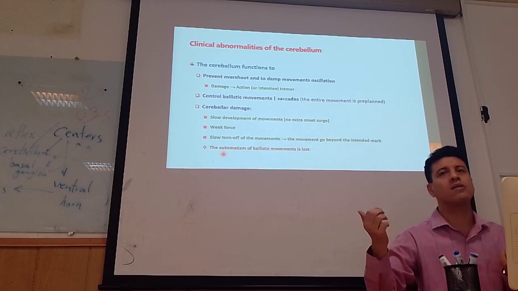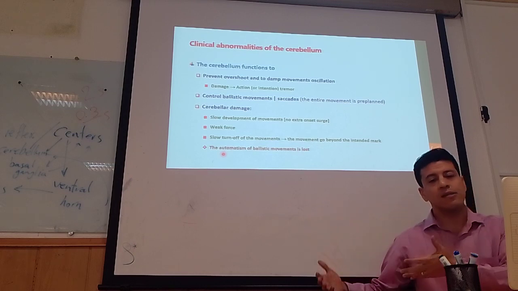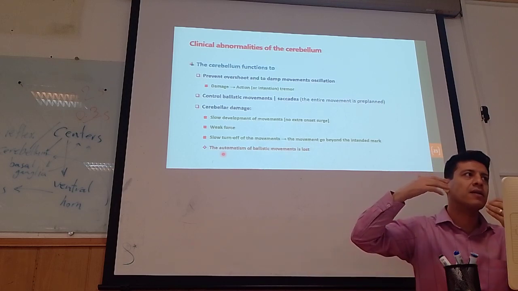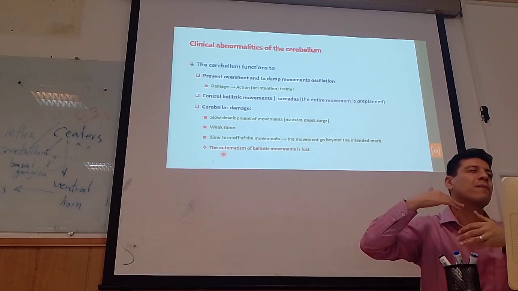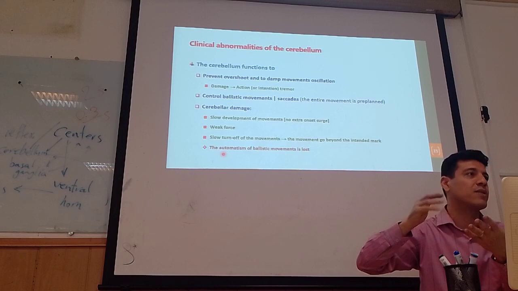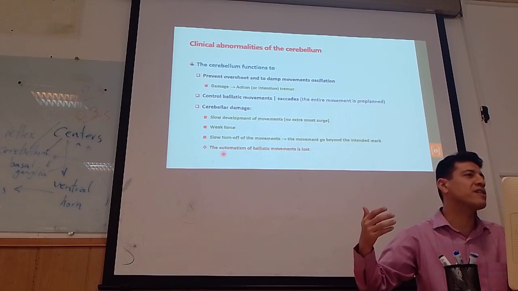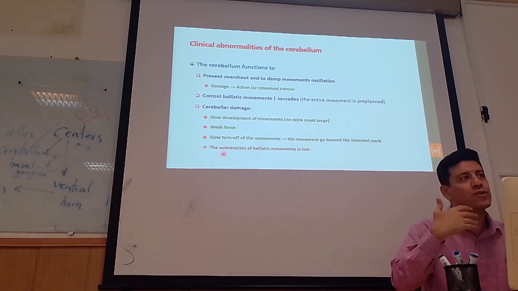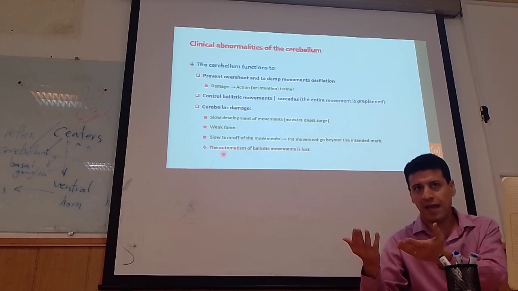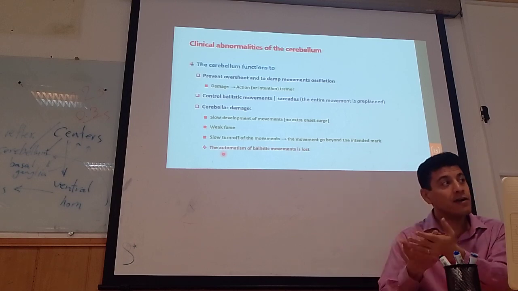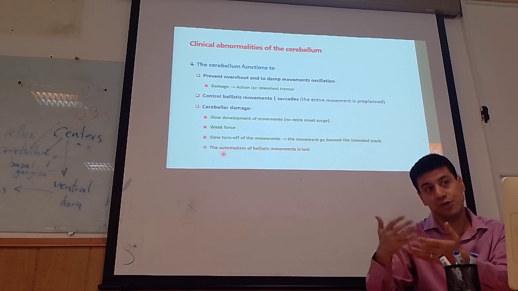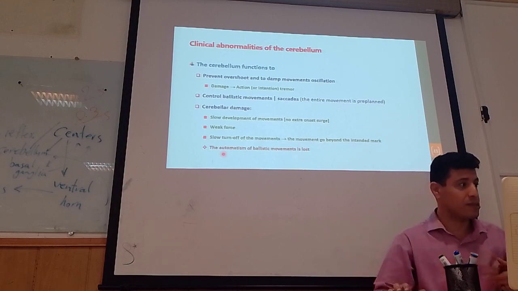Right? Because when you have a slow movement, sensory feedback to the brain can cause some compensation, some correction. But when the movement is very fast, the sensory information doesn't have time to correct the movement. So here the importance of the cerebellum is shown for rapid movements.